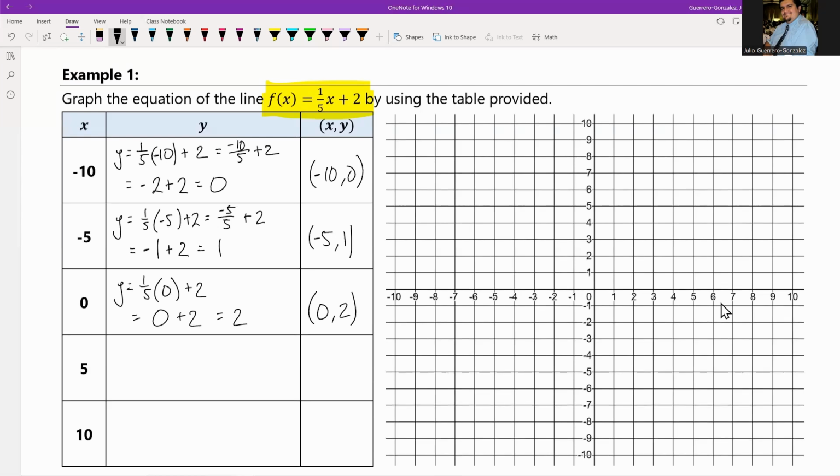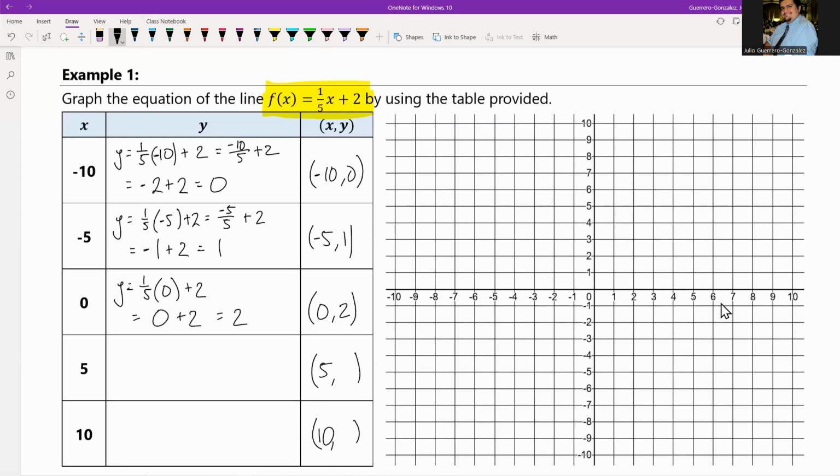Hopefully you'll see that there's a pattern between the x and the y. So I'm going to finalize the rest of these. You see how the x values go: -10, -5, 0. The next one is going to be 5, and the next one after that will be 10.